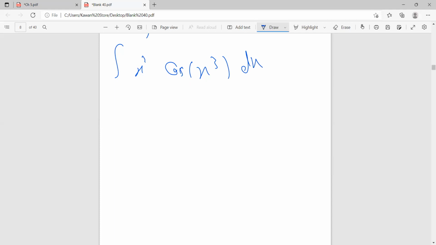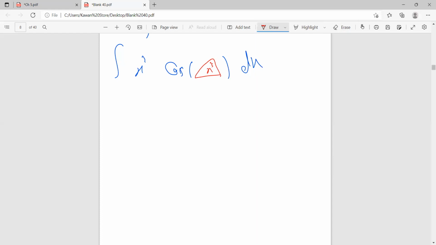Make a triangle in your mind, anything you like. Just ask yourself, does the derivative of this exist or not? The derivative of x cubed is equal to 3x to the power 2, she's right.